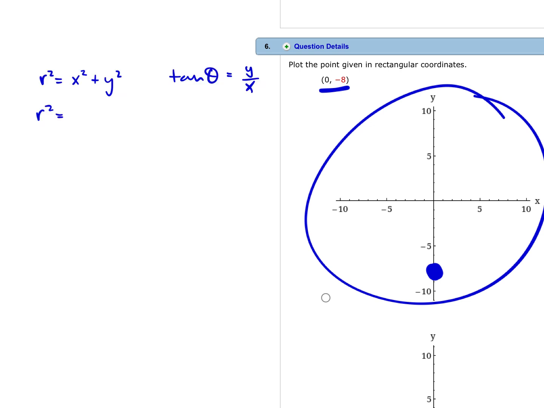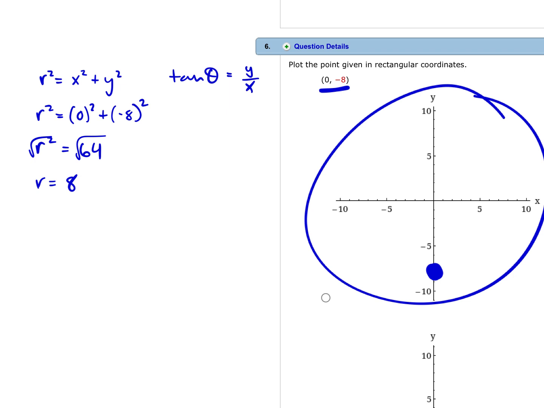So r squared is equal to 0 squared plus negative 8 squared. So r squared would be 0 plus 64, which would just be 64. Take the square root, r is 8. Now remember, we said that this could be plus or minus, but we're just going to keep the plus.